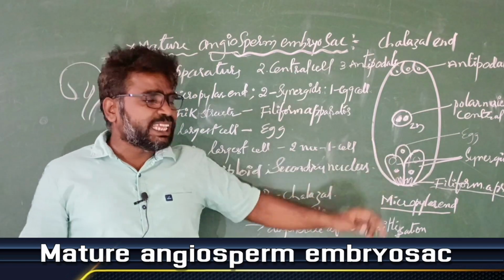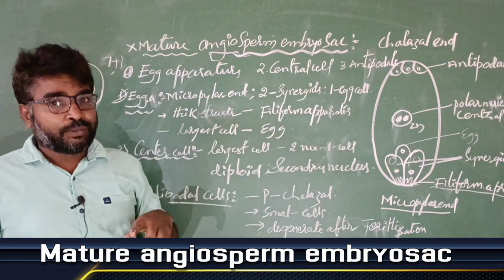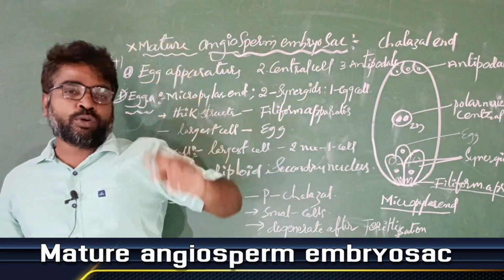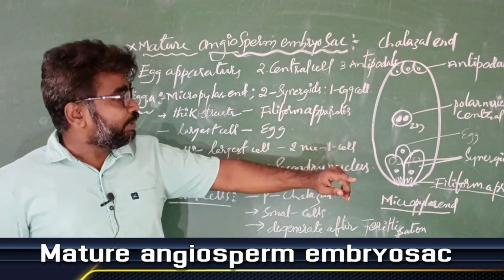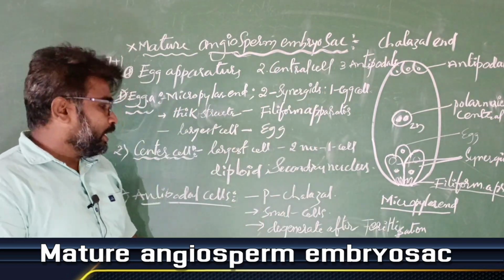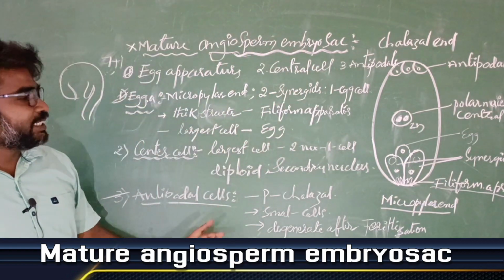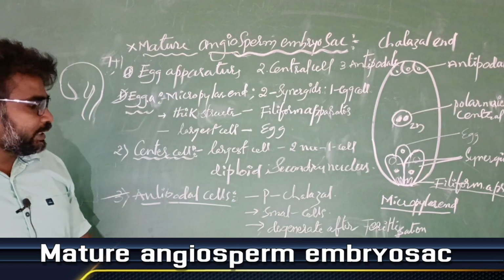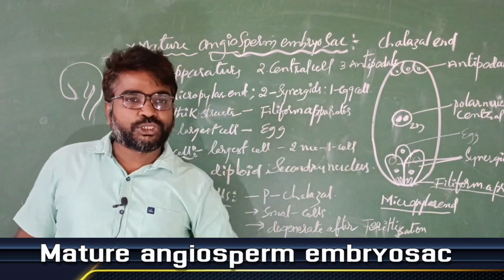When the egg cell is fertilized with the male gamete, then these antipodals disappear. These antipodals are present at the chalazal end, 3 antipodal cells are present, and they disintegrate after fertilization.